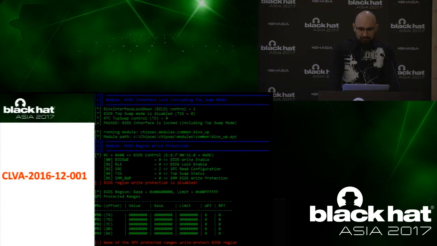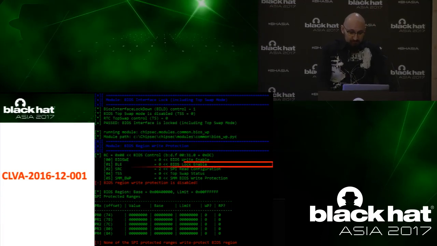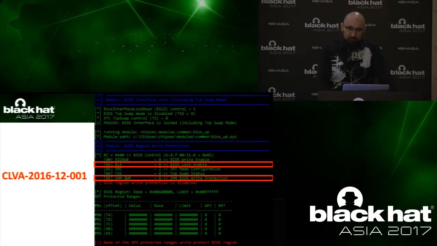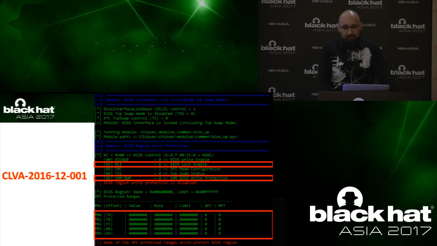Here you can see BIOS lock is not enabled, the SMM BWP bit also stays at 0, and no SPI flash regions are protected by PRx registers.